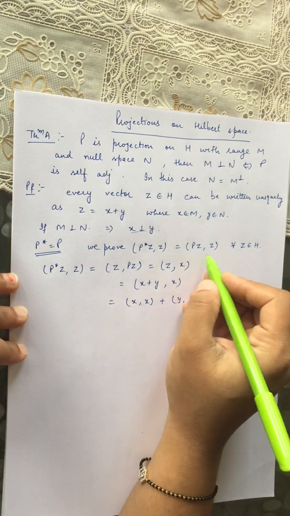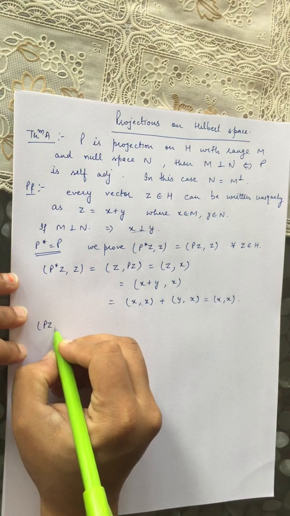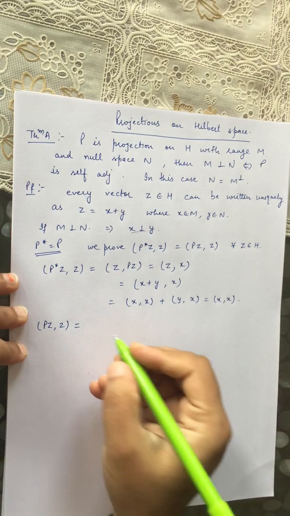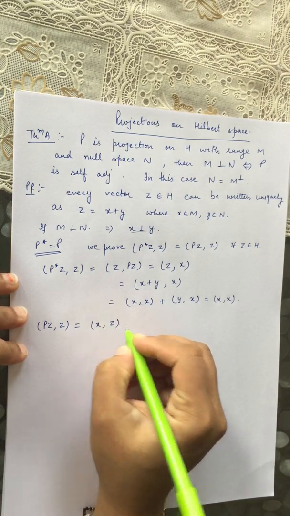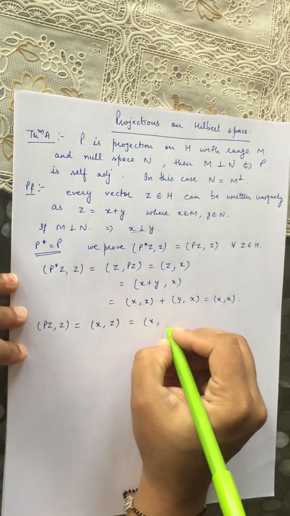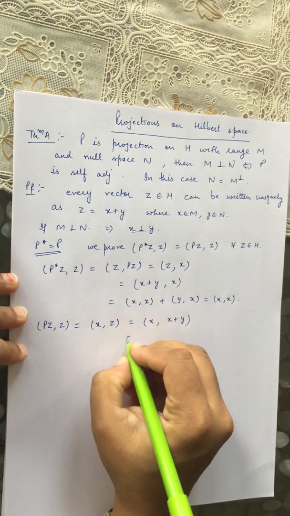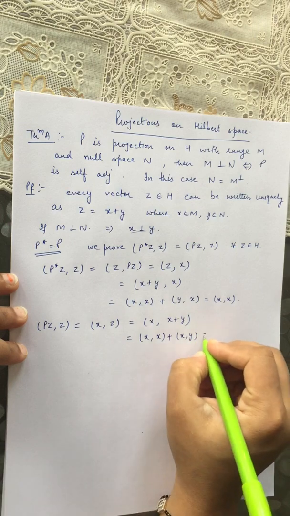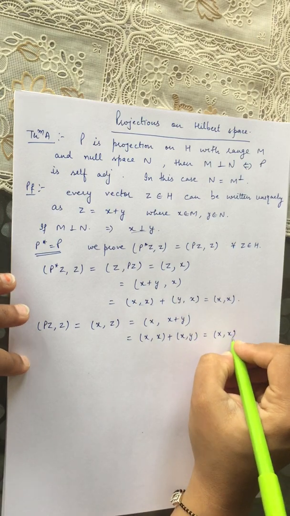Now we take the right hand side, (PZ, Z). So (PZ, Z) is equal to (X, Z), because the value of PZ is X, so it will be (X, X plus Y), which is (X, X) plus (X, Y). Again X and Y are orthogonal to each other, so it is just (X, X).